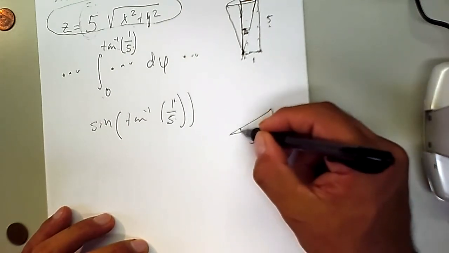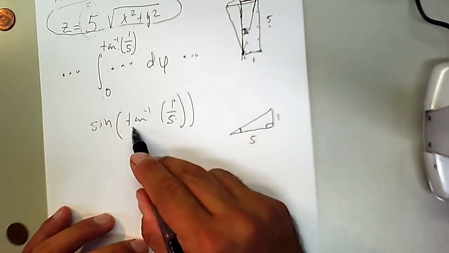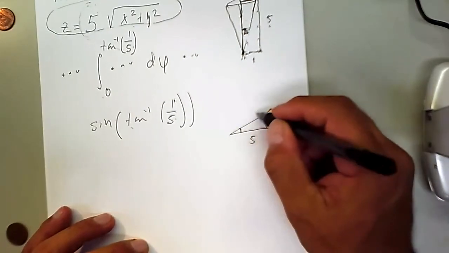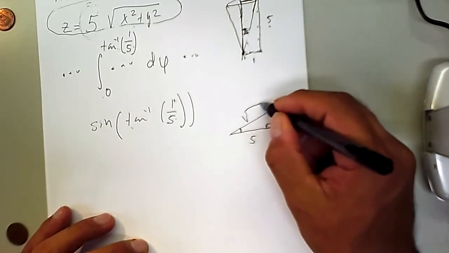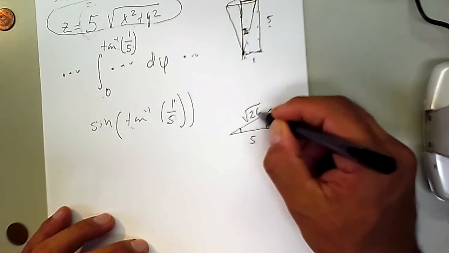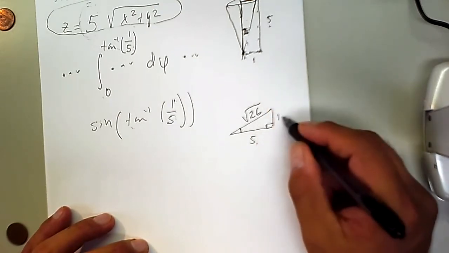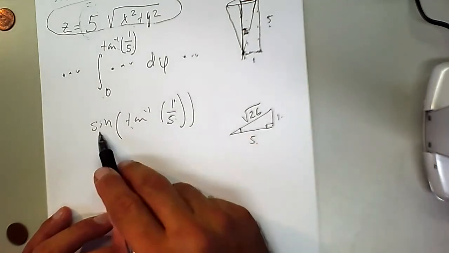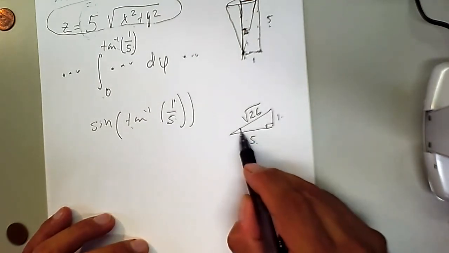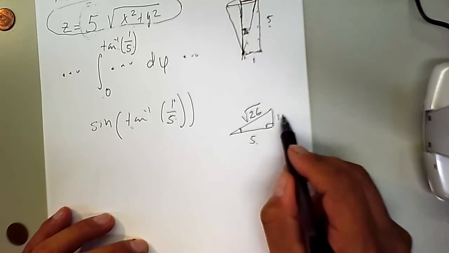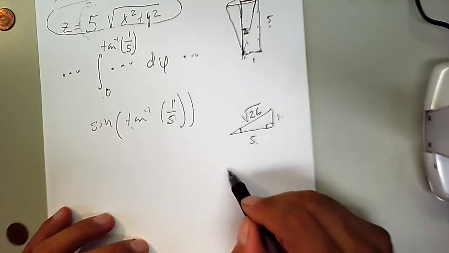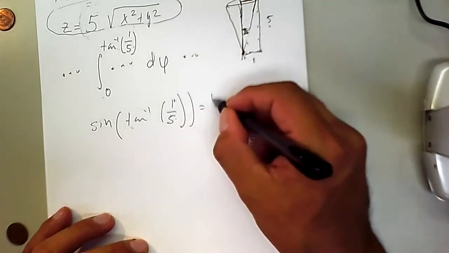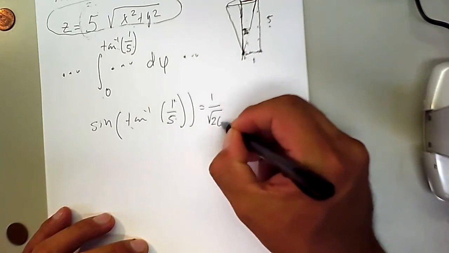This is the angle in question, corresponding to the arctangent of 1 over 5. And of course, the hypotenuse is going to be square root of 26 because it is 5 squared plus 1 squared, and then we take the square root. So if you want to find the sine of this angle, we have opposite over hypotenuse, 1 over the square root of 26.